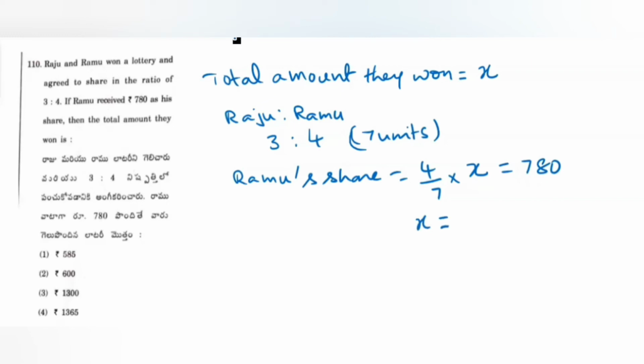X is equal to, sending this 4 by 7 to the other side, 4 by 7 becomes its reciprocal. 780 multiplied with 7 by 4. Now in doing cancellation, we will get 4 ones are 4, 195. So the answer is 195 into 7. So X is equal to 1365 rupees. So the total amount they won in the lottery is 1365 rupees. That is option 4 as the answer.